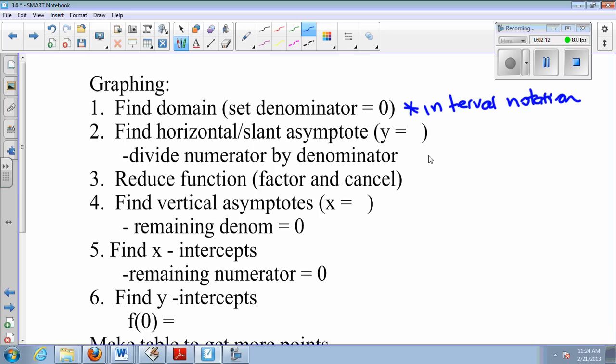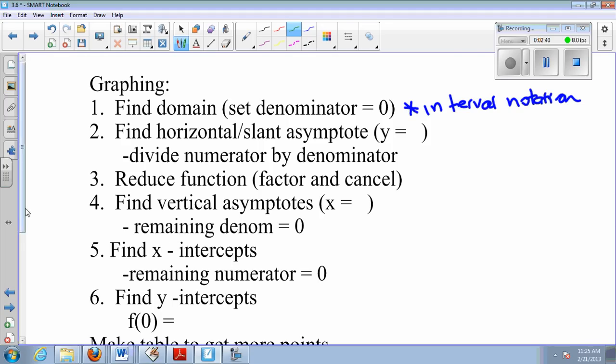And to do that, we divide the numerator by the denominator. We're going to reduce the function, factor and cancel. We're going to find vertical asymptotes, which will be the equation x equals. And what you do is you take the remaining denominator equal to 0. We'll find the x-intercepts, and we'll find the y-intercepts.